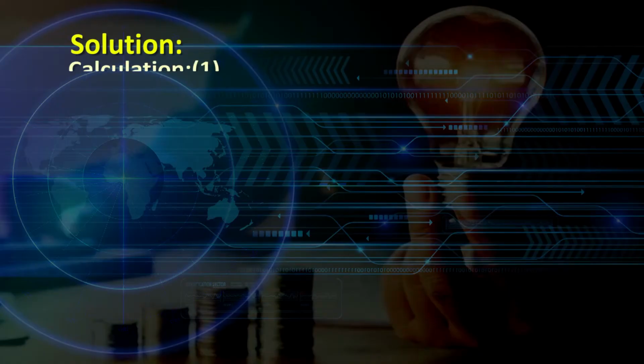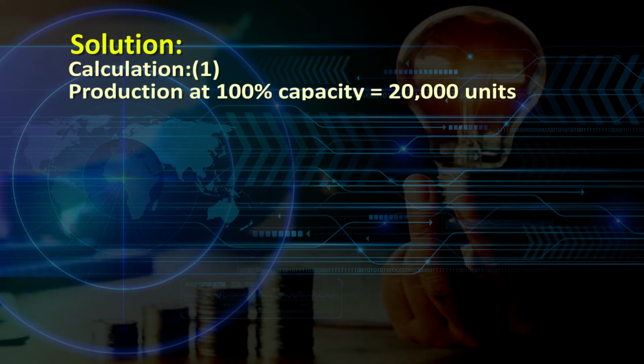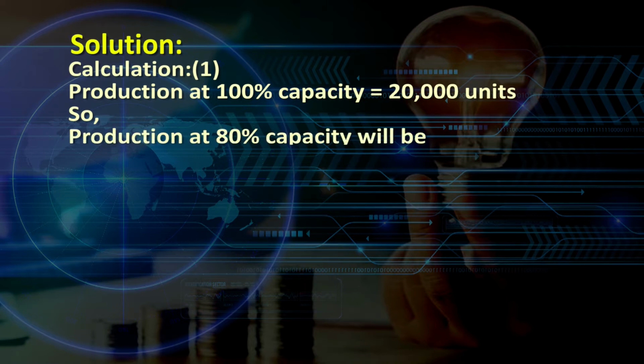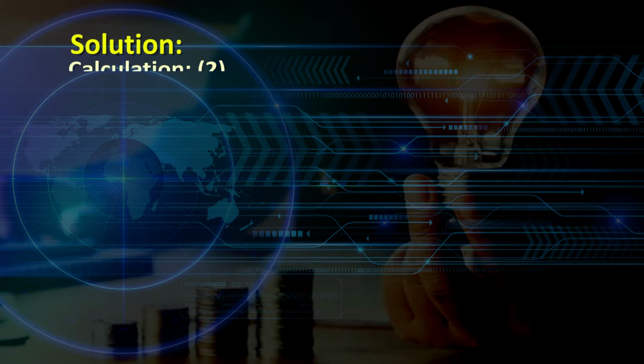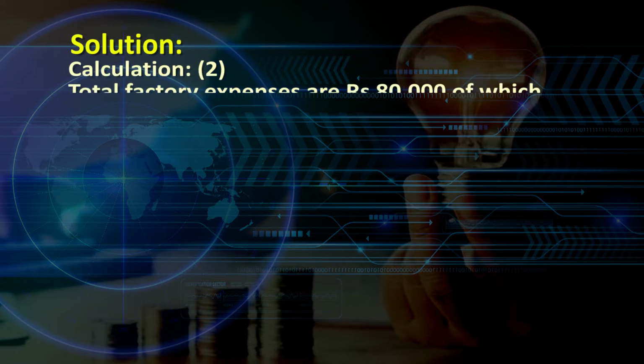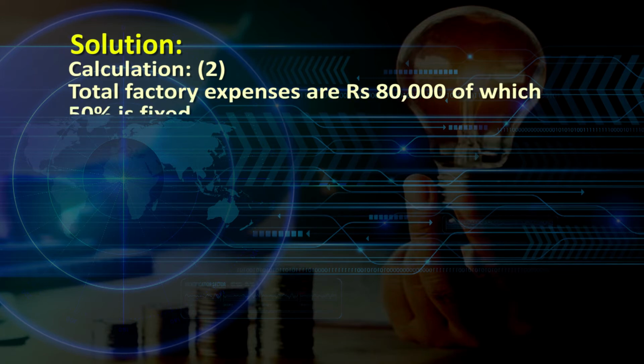Let us take the first calculation. The production at 100% capacity is 20,000 units. So, production at 80% capacity will be 80% of 20,000, which equals 16,000 units. Let us take the second calculation. Total factory expenses are rupees 80,000 of which 50% is fixed.